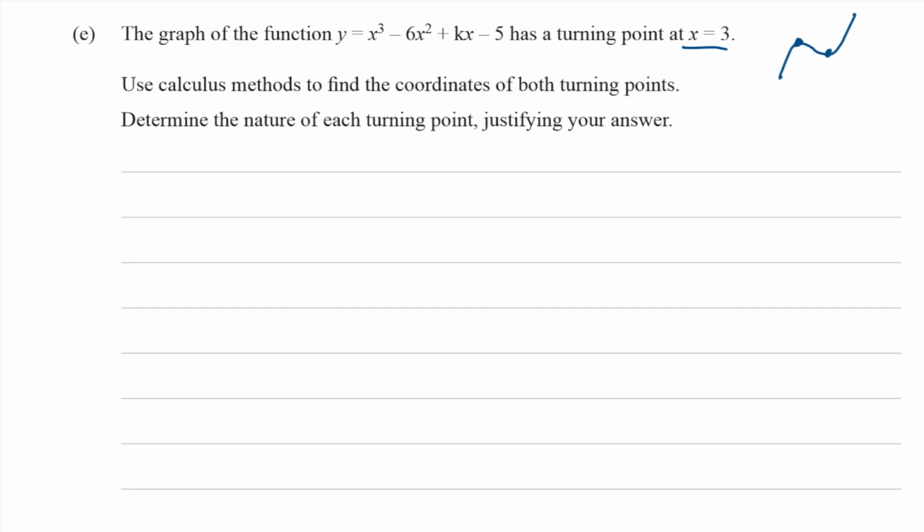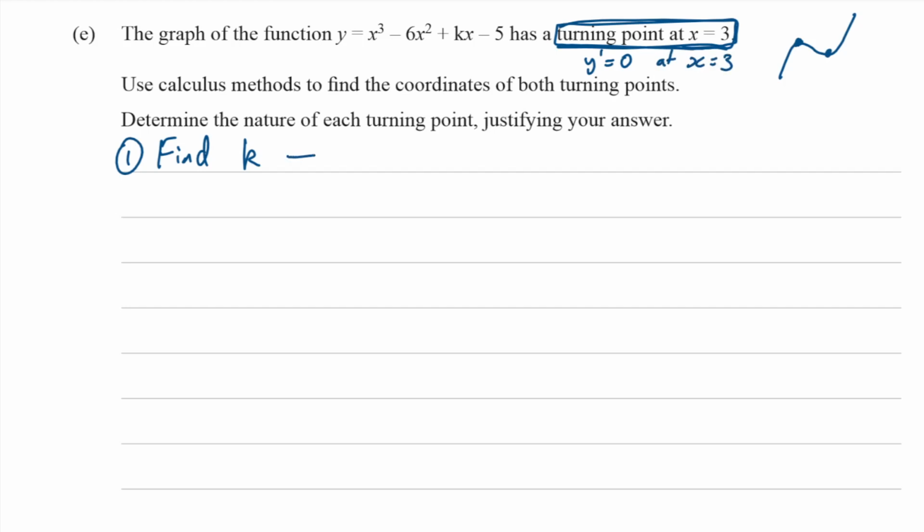So let's write a plan out first. So step 1, we need to find k. Now to do that, the only information we're really given is this bit here. So turning point. So the gradient of a turning point is 0. And we know that one of them is at x equals 3.